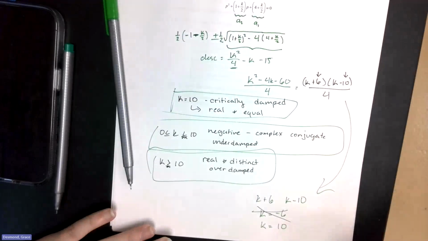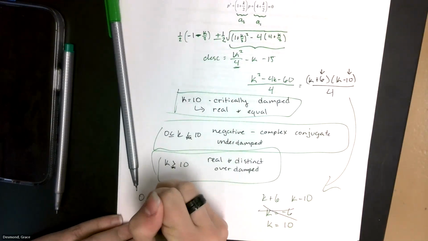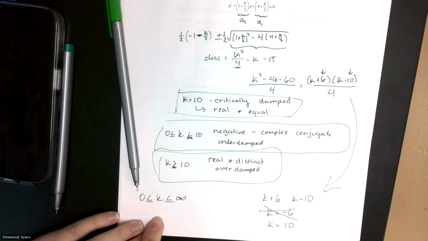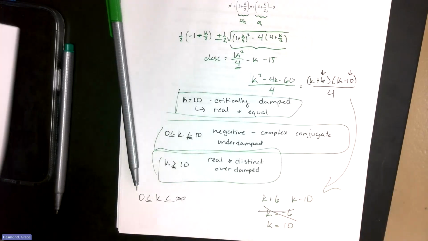We're looking for values of k, so we are looking from k equal to 0 to k equal to infinity. Can you see that? From here, we know what I said over here.